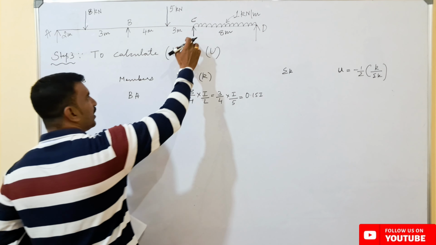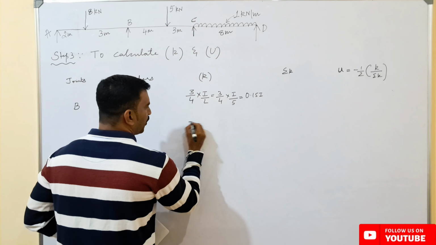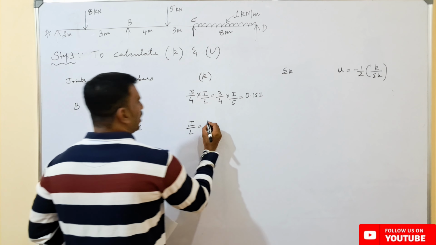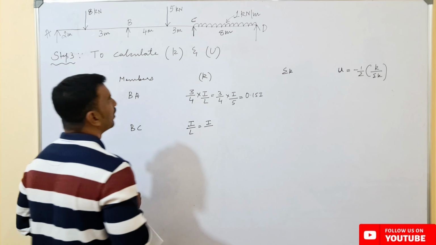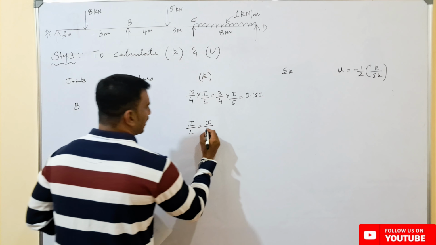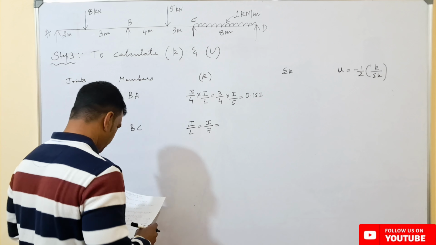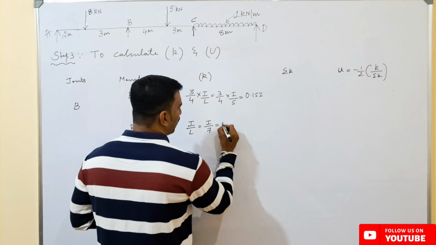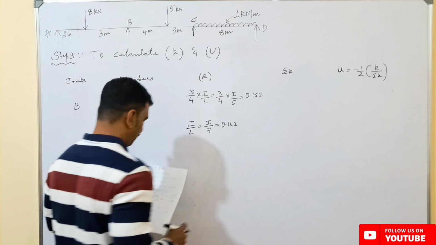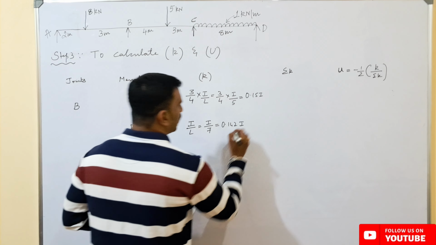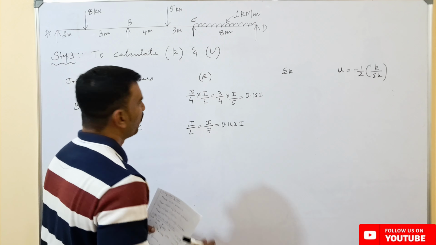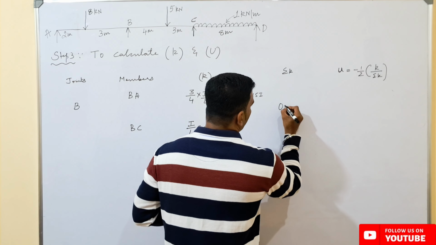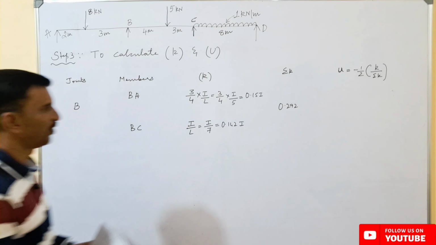So for a fixed support the stiffness value will be equal to I upon L. I value remains I upon the total length here, which is 7, so I upon 7, which gives a value of 0.142 I. So now taking the summation of these two values for joint B, we have a value of 0.292.